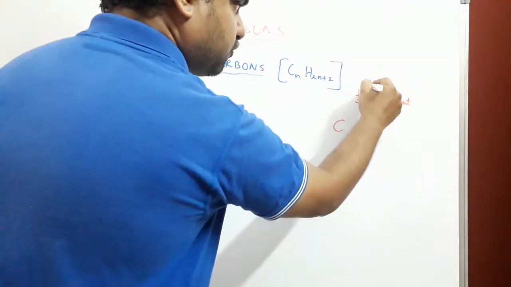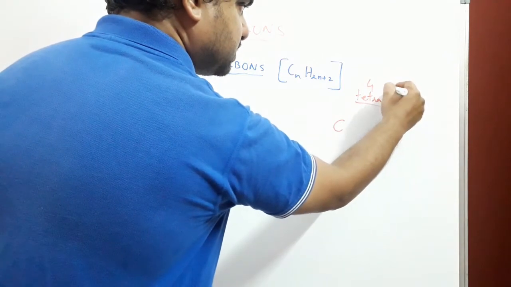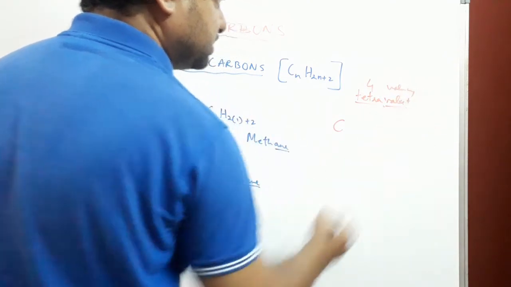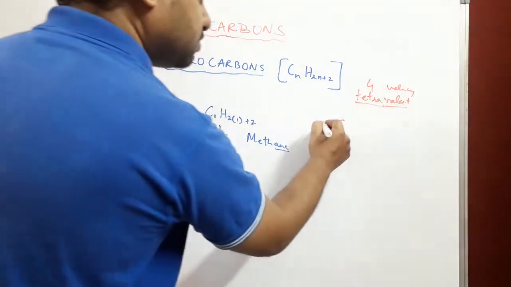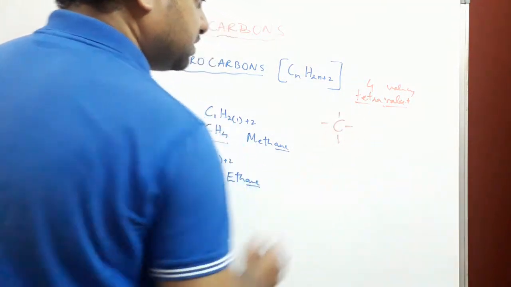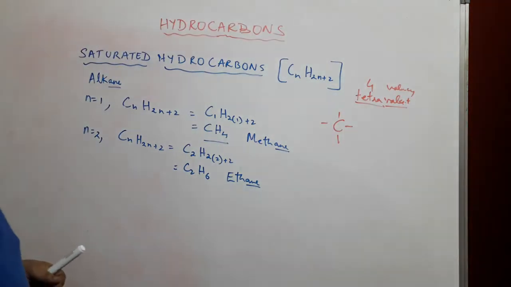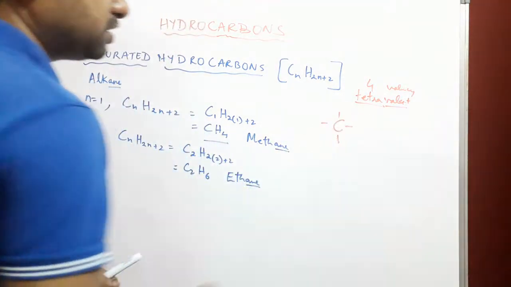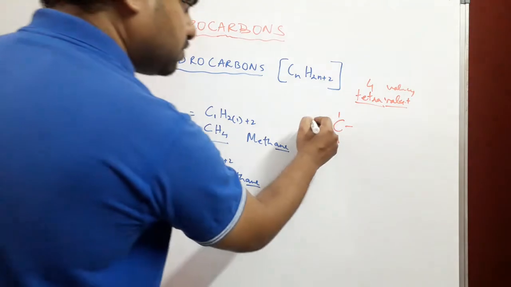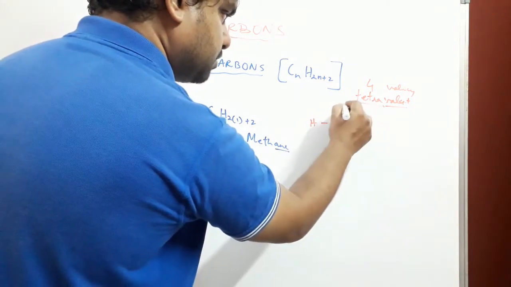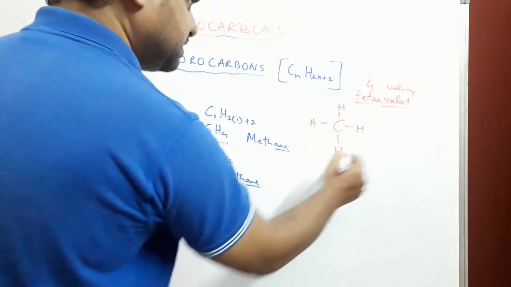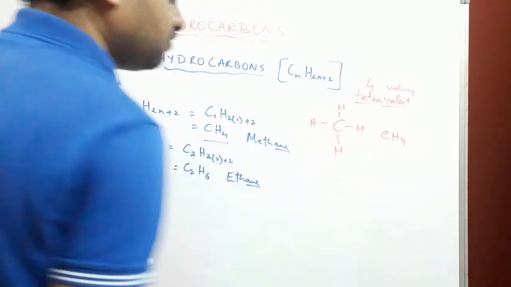Tetra means 4, and valent refers to valencies, so it has 4 valencies. These resemble the valence electrons. Now to satisfy them, we need 4 hydrogen atoms. So 4 hydrogen atoms will come over here, and this is nothing but CH4.